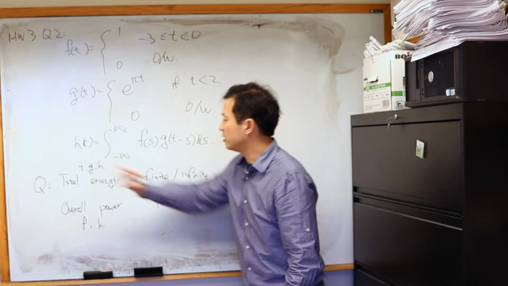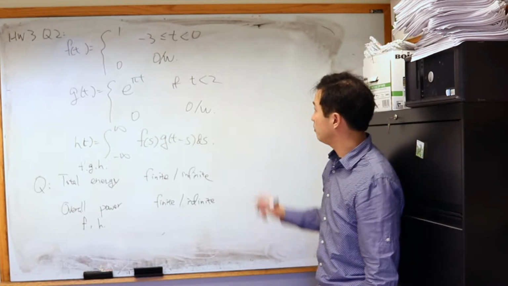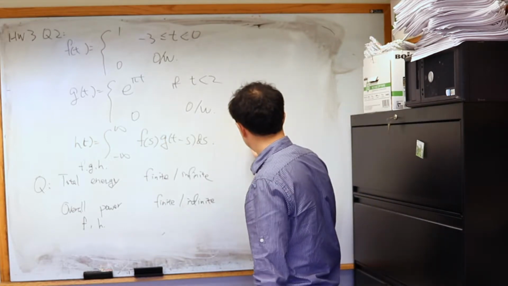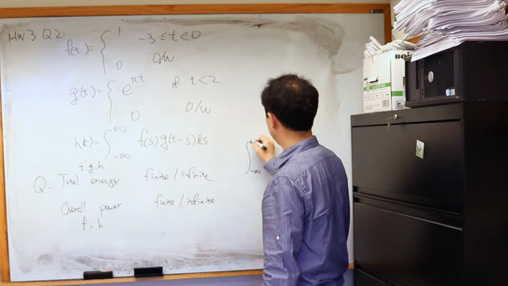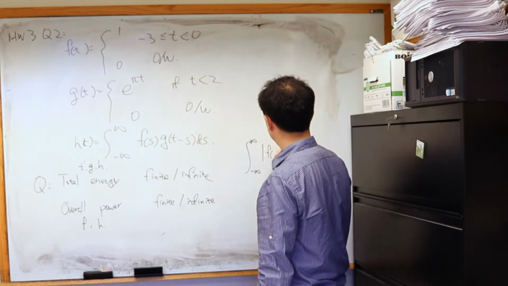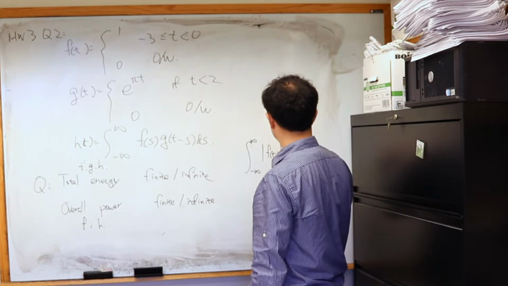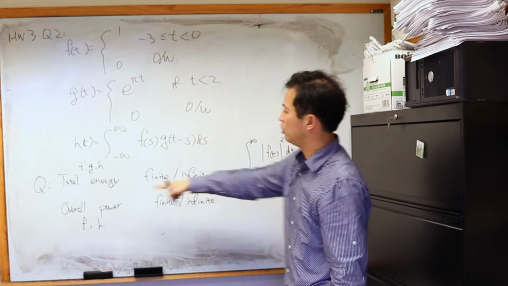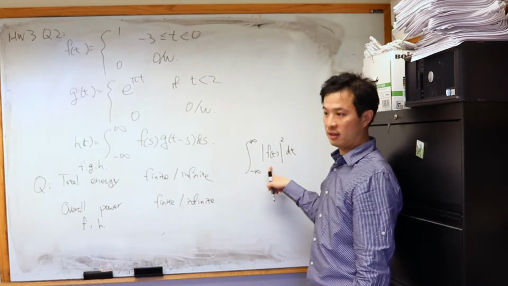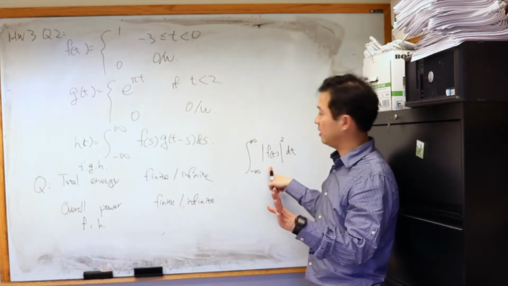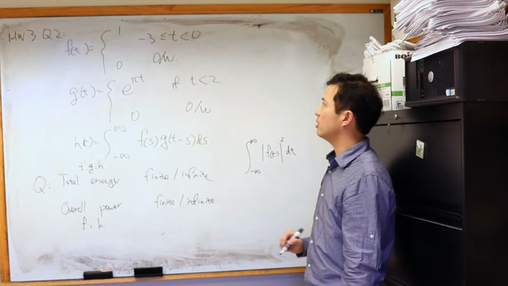How do we find the total energy of f and g? That's first thing first. The total energy of f will be negative infinity to infinity, absolute value of f of t squared dt. So that's going to be the total energy of f of t. Is everybody following? Right? The absolute value square integration.